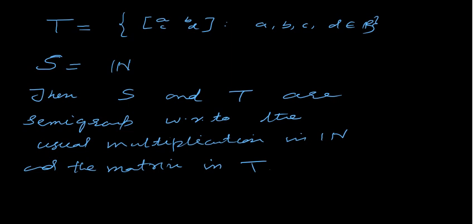In fact, they are actually monoids. So we can say they are both monoids, not only semigroups, with identities.